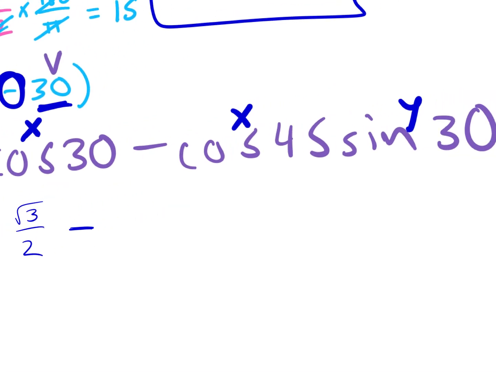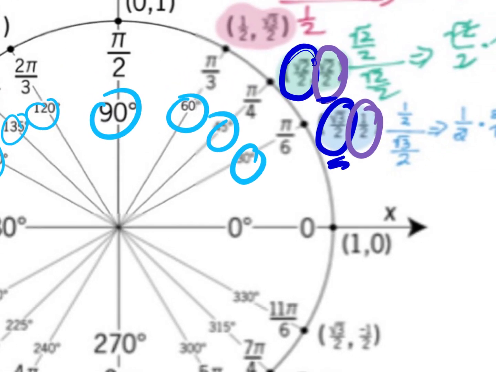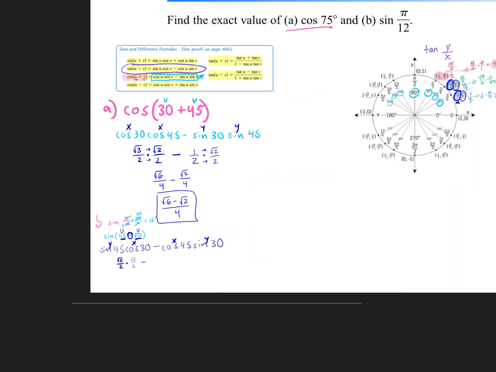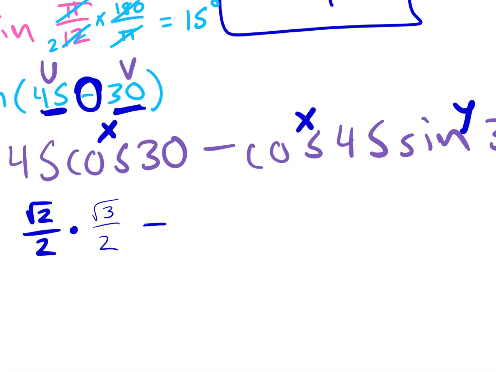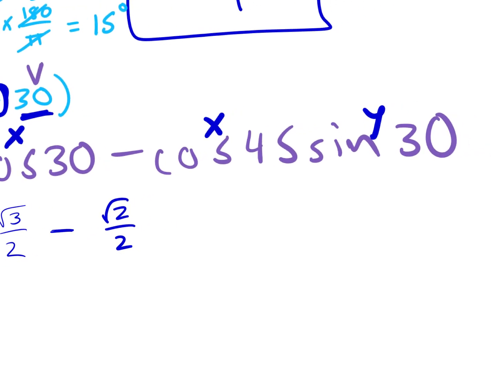So next, I'm going to find my x value for 45 degrees. Looking at 45, what's my x value? Square root 2 over 2. And then I'm going to find the sine, the y value at 30 degrees. What's the y value at 30 degrees? 1/2.